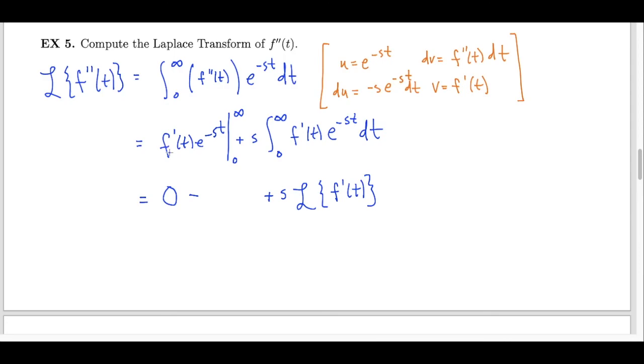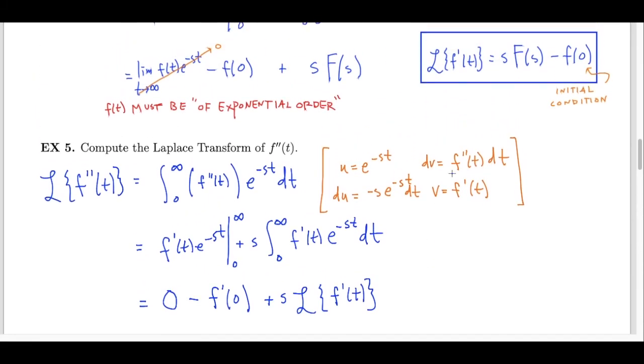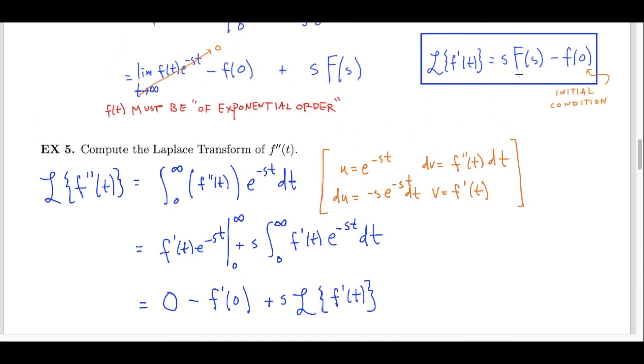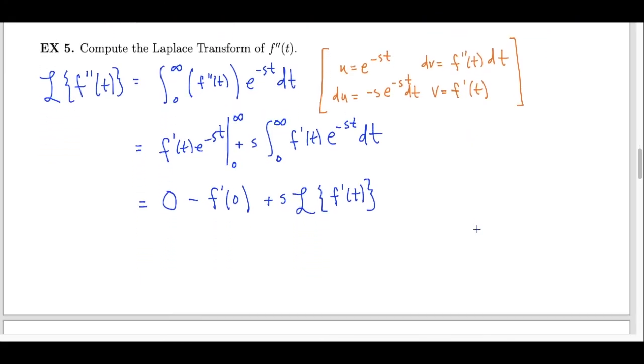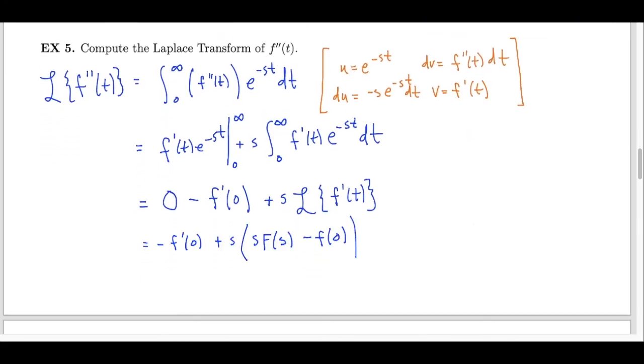That'll give me f prime of 0, e to the 0, so I'll simply have f prime of 0. As I mentioned, I'll scroll back up to see what the transform of f prime is. Here it is: it's s times capital F of s minus f of 0. Making that substitution, I get this quantity here, and this is my Laplace transform. That is, this is the transform of f double prime of t.